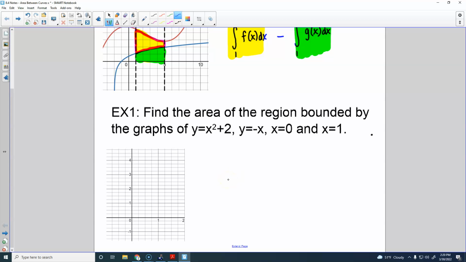A lot of these you're going to have to picture the graph yourself. So I put a graph here so we can actually graph this. If we have x squared plus 2, that would look like this.